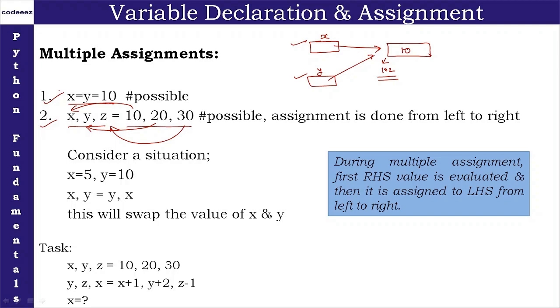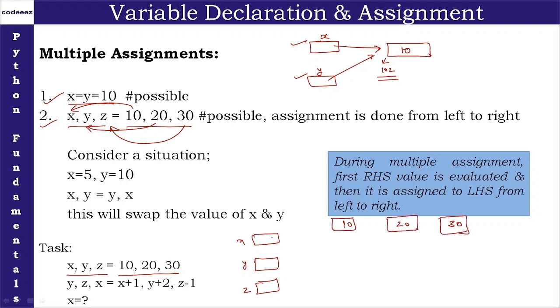Now consider a situation. Suppose we have assigned the values of x, y, z as 10, 20 and 30. Three references are created, x, y and z, and the values assigned to the variables x, y, z are 10, 20 and 30, right?